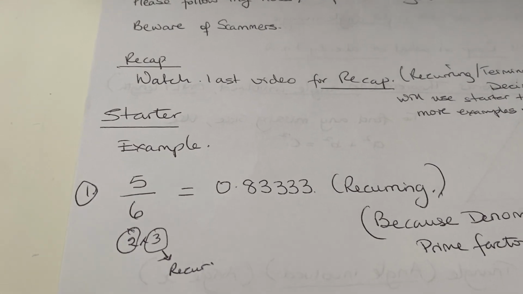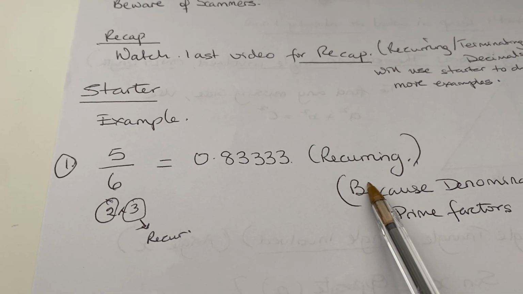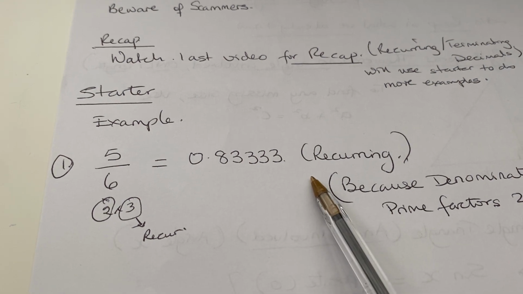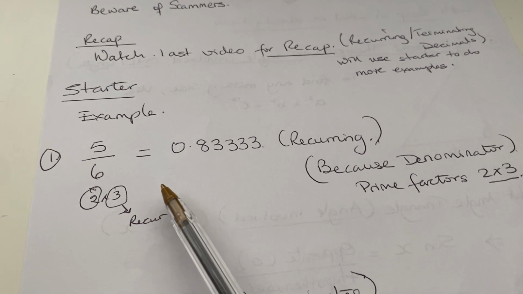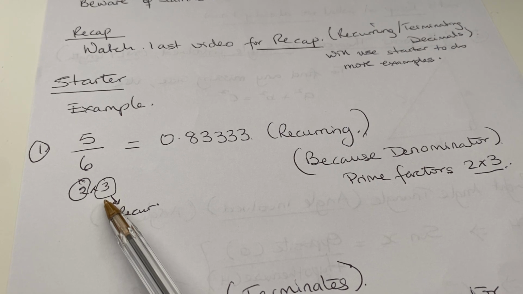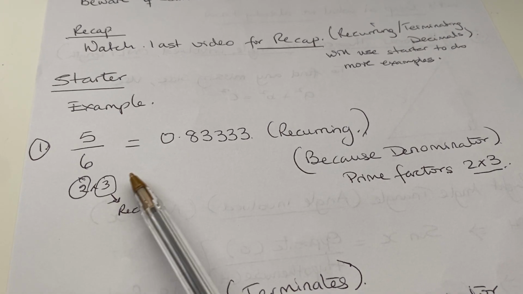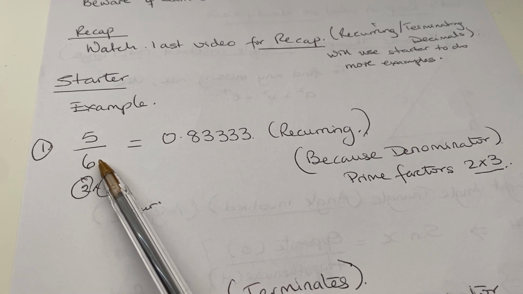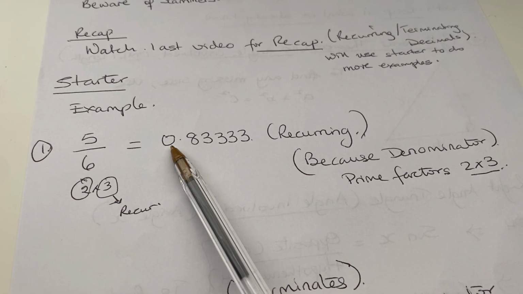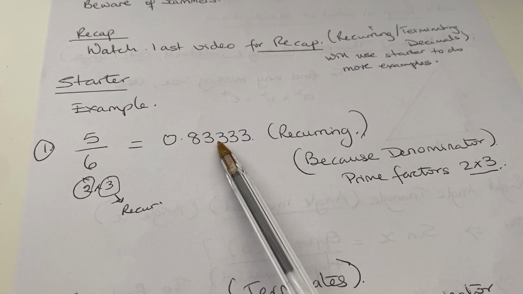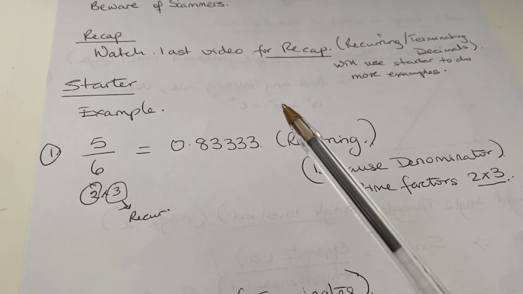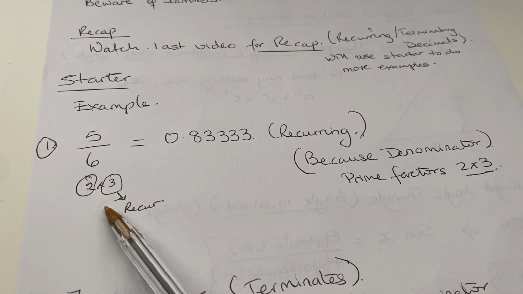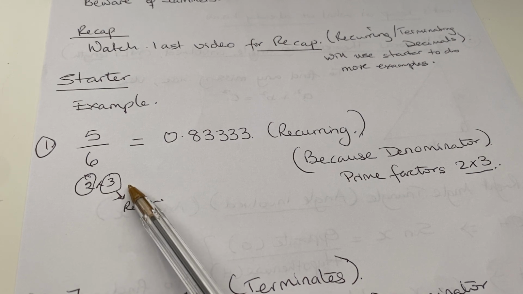Now today's starter is about recurring fractions and decimals. So the first example I have here is 5/6. This is recurring because if you look at the denominator, even before knowing that it's 0.83333, assuming it's a calculator paper, just by looking at the prime factors, I have 2 times 3.